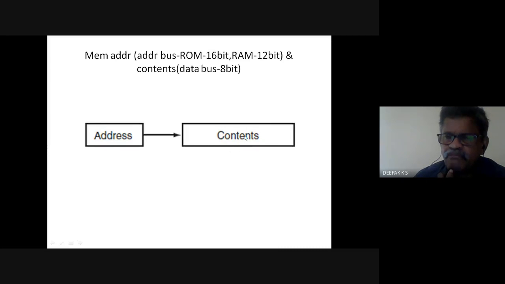RAM has data which is 8 bits, whereas it has a 12-bit address. 12 bits of address means 2 raised to 12, which is 4096. So there would be 4096 such addresses, and in each address there would be a content of 8 bits. That is the meaning of address and content. For a RAM, the address bus would be 12 bits, and the data bus would be 8 bits.